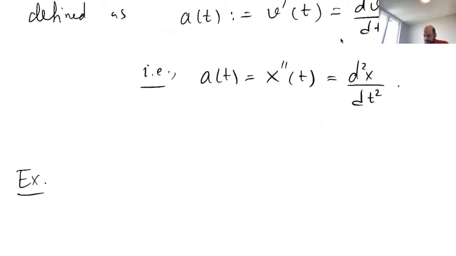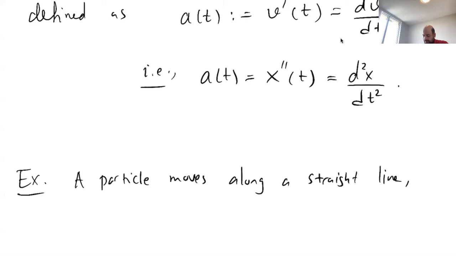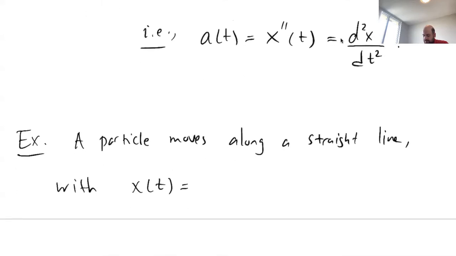Let's say a particle moves in one dimension, along the real line, along a straight line, with, let's say, x of t equals 2t squared plus 5t plus 1.